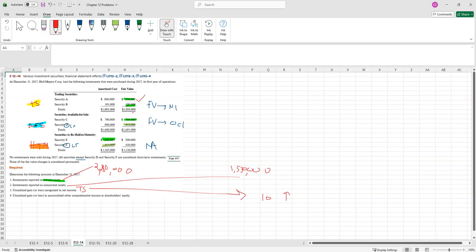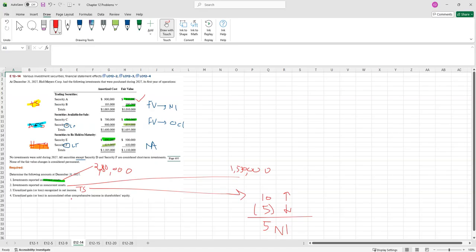We went from 105 to 100, we went down by 5. So in that situation, overall, 5 would be our total unrealized gain that would go into net income. So the answer for 3 is 5.